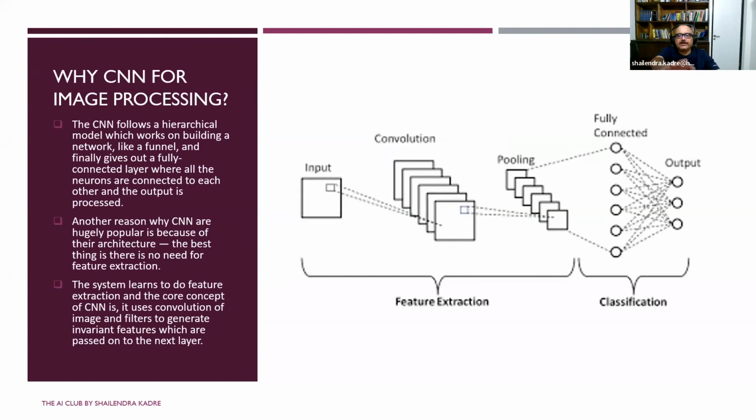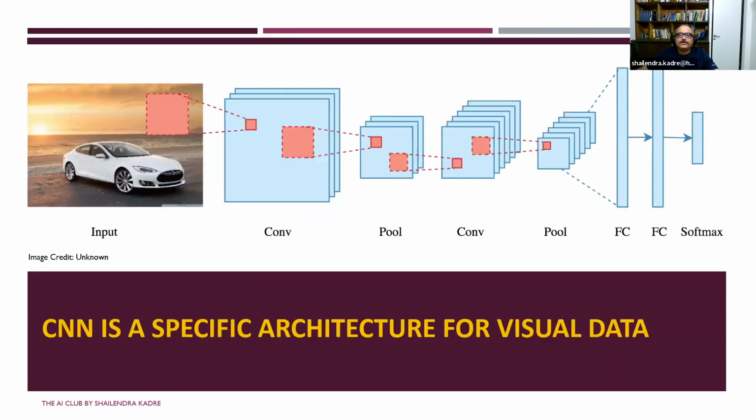Feature extraction means input, convolution, pooling. Once the features are extracted, we feed them to a normal ANN, which is a densely connected layer. In the last, we will have an output layer with the number of neurons equal to the number of classes. These are two pairs of convolution pooling, two fully connected layers and one softmax. So this is the general architecture.